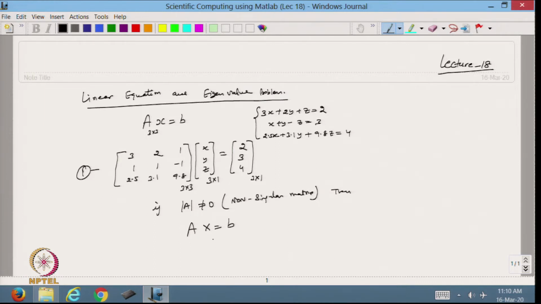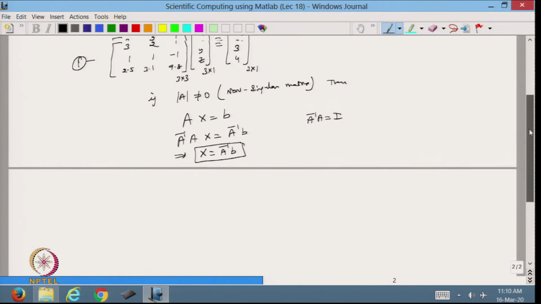Now if A is a non-singular matrix, I can pre-multiply with A inverse, and I know that A inverse A is equal to I, the identity matrix. So, from here I can write x is equal to A inverse B. We can find the inverse with the help of the adjoint.